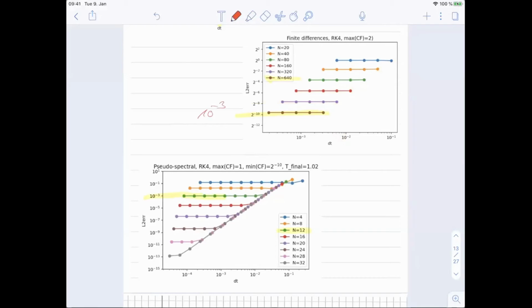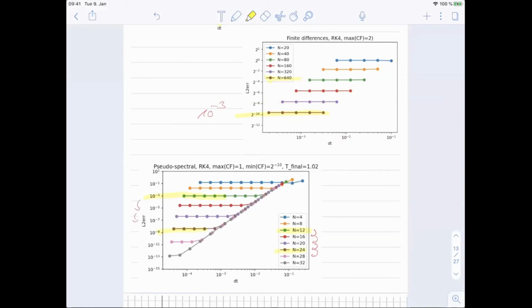And even more so, as you increase the number of grid points, not multiplied by a factor, but by adding a certain number of extra grid points, you are decreasing your error by orders of magnitude. So, for instance, by going from 12 points to 24 points, the error went from 10 to the minus 3 to 10 to the minus 9.